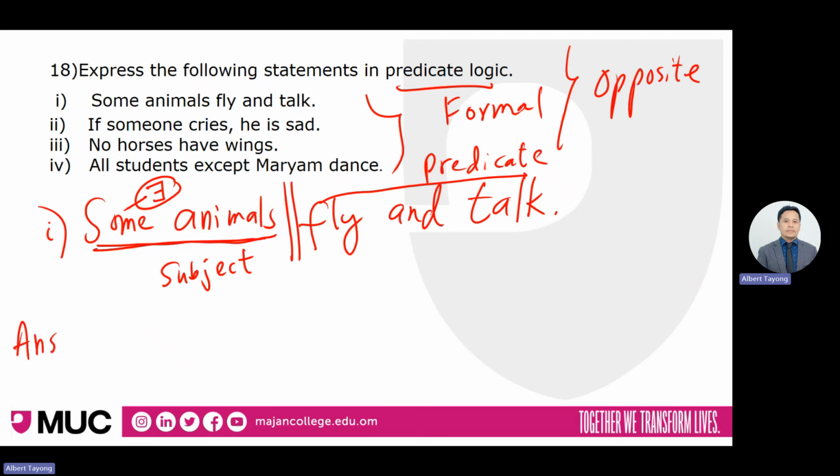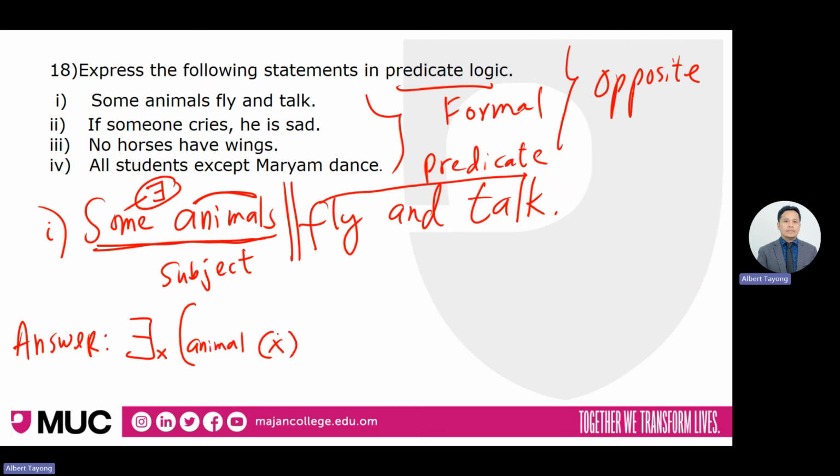So the answer will be starting with this symbol because of some. And then we put our x here, subscript. And then we have open. We have to define our domain. This is our domain, what we're talking about. So x is an animal.